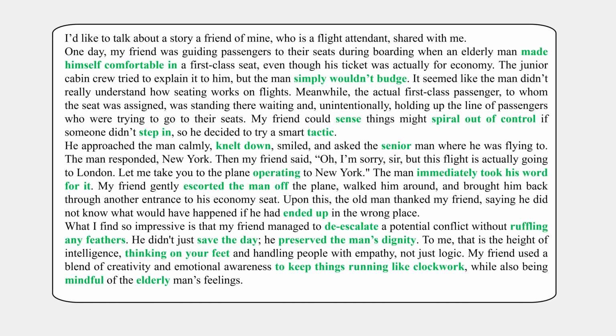All right, as you can see, we've got a variety of idiomatic language and some of the stuff that a native speaker would likely say. Made himself comfortable in a first class seat. Simply wouldn't budge. We also got my friend could sense, instead of could feel or could see.